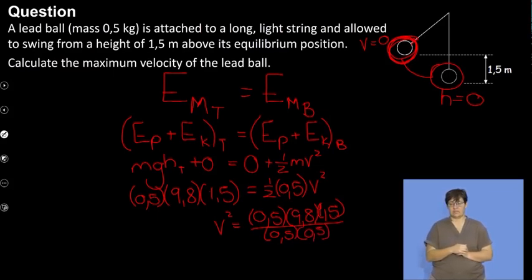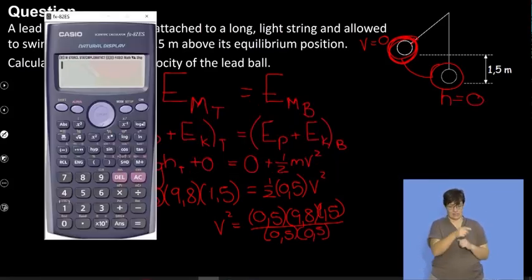I'm going to put that into my calculator because I definitely can't do that in my head. So here's the top part: 0.5 times 9.8 times 1.5. I'm going to divide that by 0.5 times 0.5.